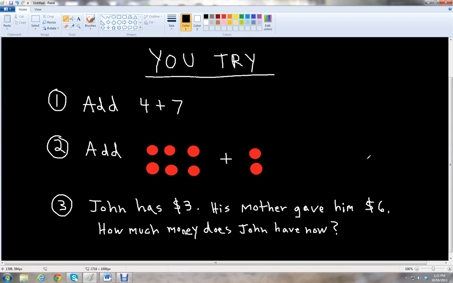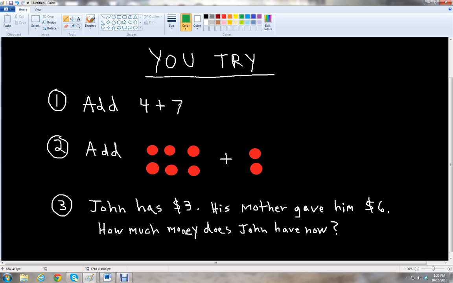Okay, so let's go over the answers. So we have to add 4 plus 7. So the way we can do this is to think about, what number is 4 more than 7? Or we could say 7 more than 4.